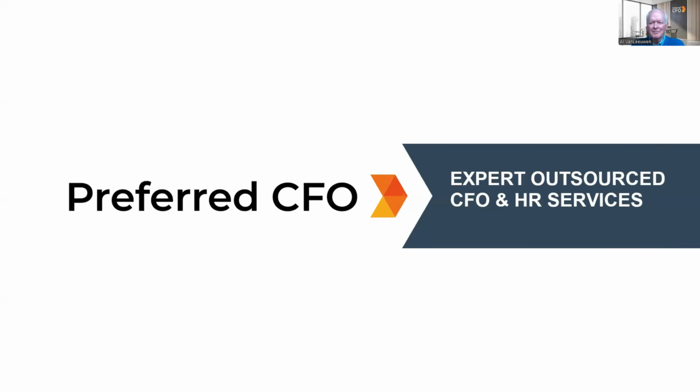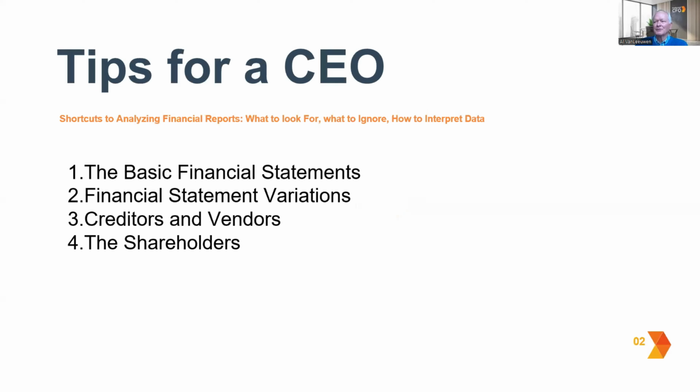I will try to keep items fairly basic and for us to move along quickly. Once again, if you have any questions, please put them in the chat and we'll try to answer them real time if at all possible. So I will start out with giving you the objectives of what I'm going to be presenting. I'll be presenting to you the basic financial statements that you should be expected to see each month, at least for your businesses.